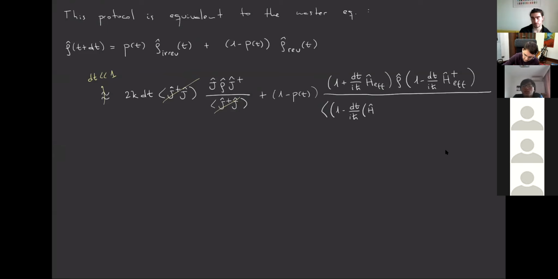I remind you that H effective is H minus i kappa, sorry, here I will get plus because this is the dagger, U dagger, then j dagger j, and then multiplied by 1 plus dt over i h bar, and then the Hamiltonian minus i kappa j dagger j. This expectation value. So maybe let me make it a bit more clear.